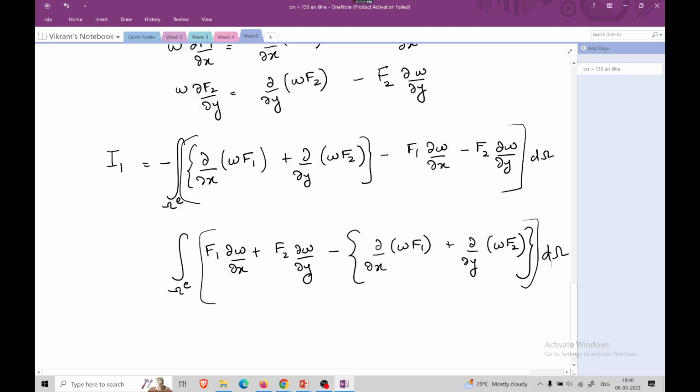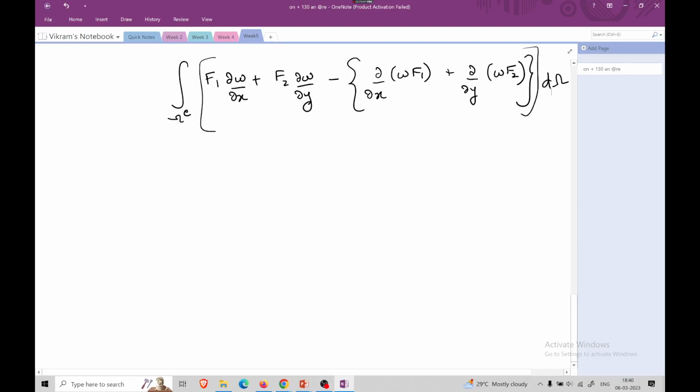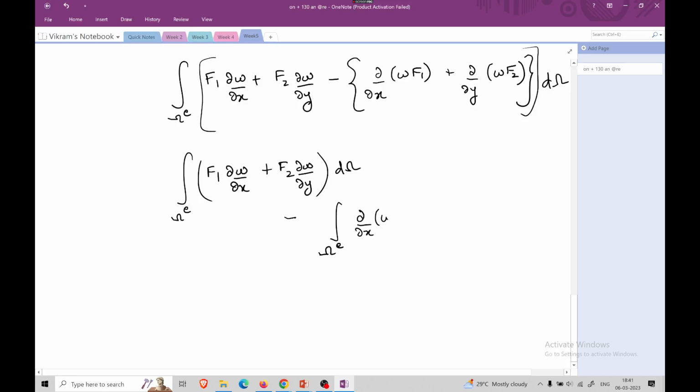Once the minus sign is taken inside, I split this into two: f1 ∂W/∂x plus f2 ∂W/∂y into dΩ, minus ∂/∂x of W f1 plus ∂/∂y of W f2 into dΩ. Okay, this term I can write in this fashion.